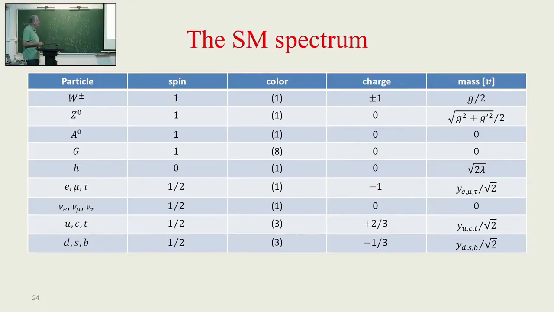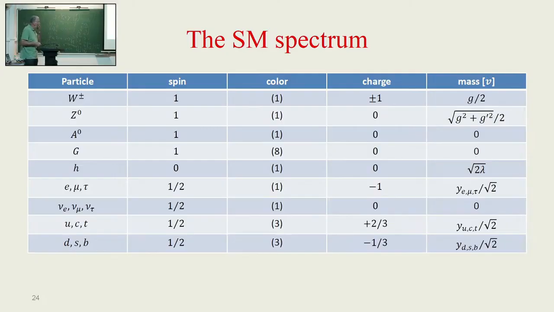The scalar content is again the single real scalar field that is spin 0, singlet of SU(3) color, charge 0. There are the 3 charged leptons that are singlets of SU(3) color, the 3 neutrinos that are also singlets, and all other properties the same as in the leptonic standard model.